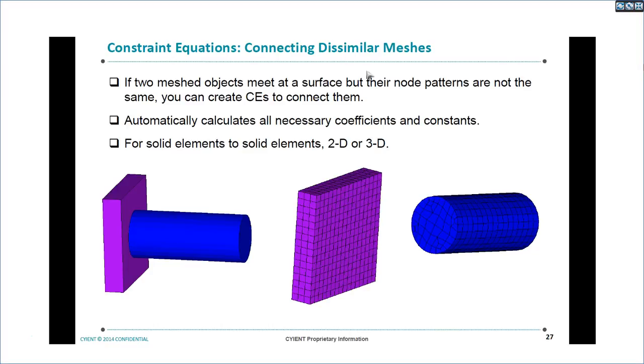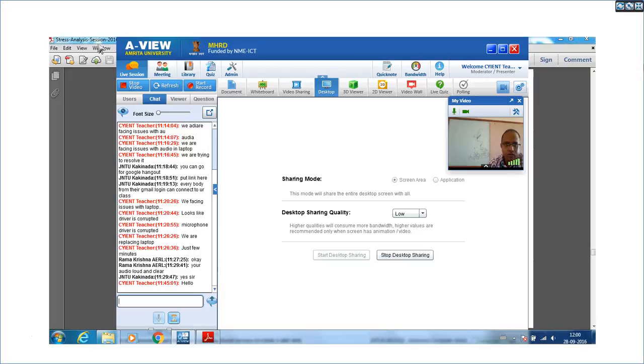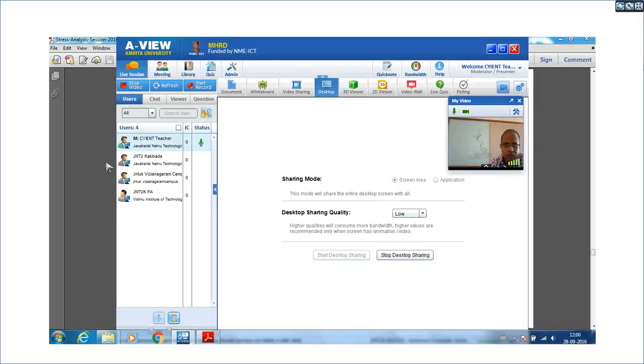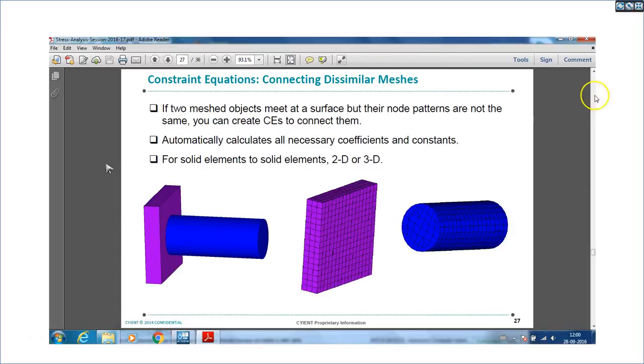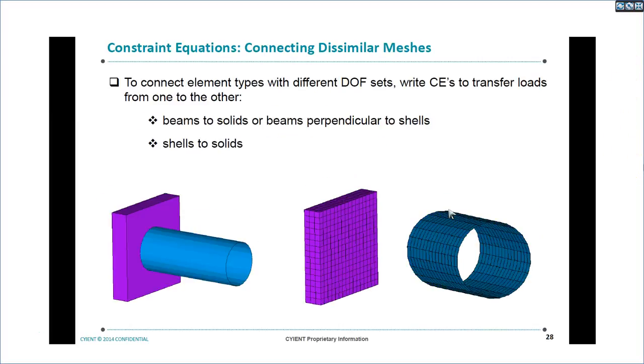One of the things is connecting dissimilar meshes. If you want to establish a relation between these two things, you see there is no connection between these two components. This is having a perfect mapped mesh and this is having a free mesh. The interface doesn't have any common mesh here. So in this type of thing, we can use CS to connect dissimilar meshes.